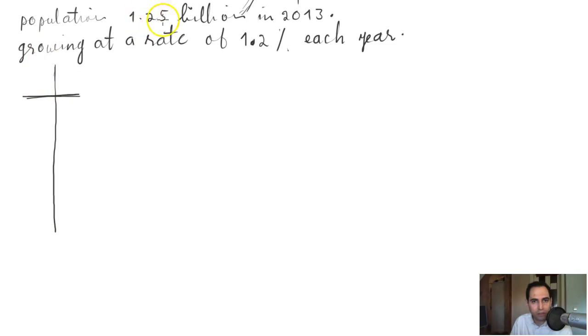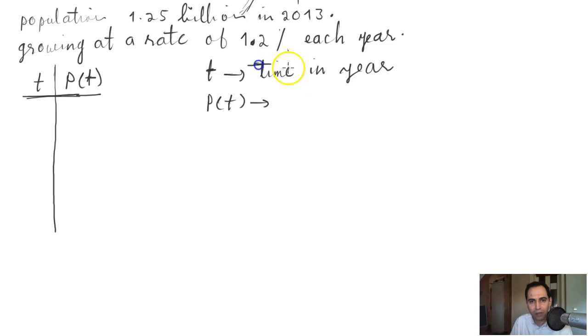Let's call this t as time in year, and f of t or population p of t as population in billion.